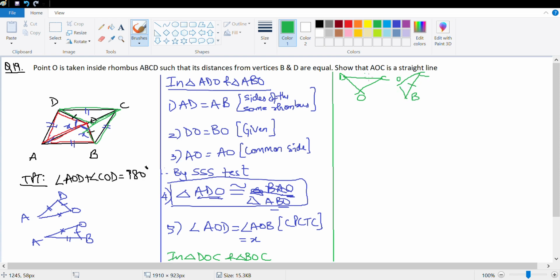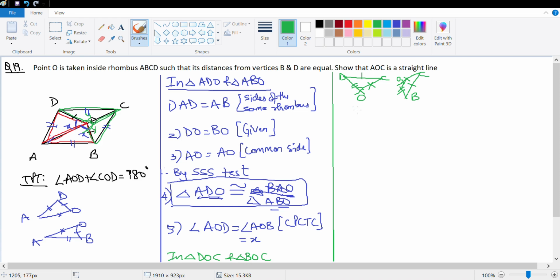BC is equal to BC, DO is equal to BO given, and OC is equal to OC. Perfect, because this is the common arm. So these two triangles are also equal, which means angle DOC will be equal to angle BOC. So this angle and this angle will be equal. We'll call them Y. More about that later.